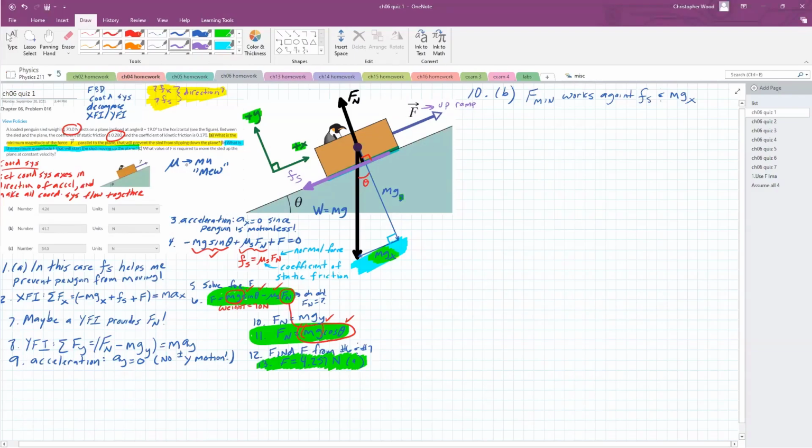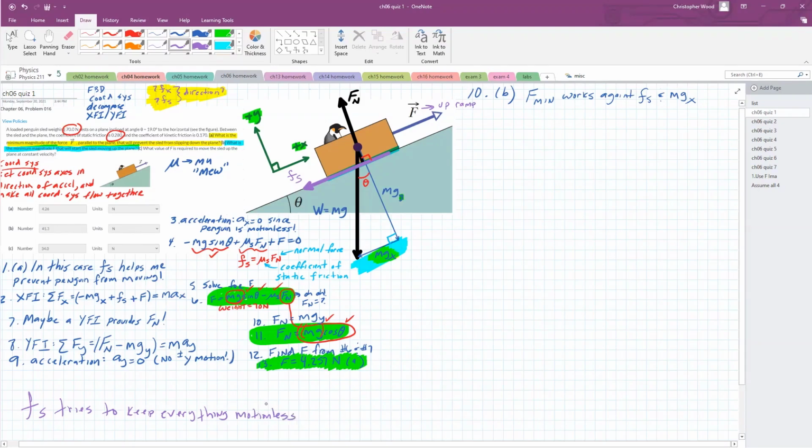Static friction, F sub S, tries to keep everything motionless. That's what static friction does. And then at some point, you might be able to beat static friction and you're going to get slippage. But static friction, F sub S, tries to keep everything motionless.